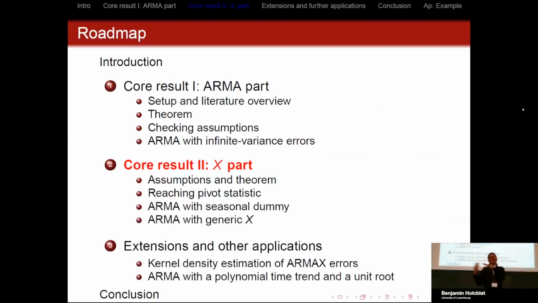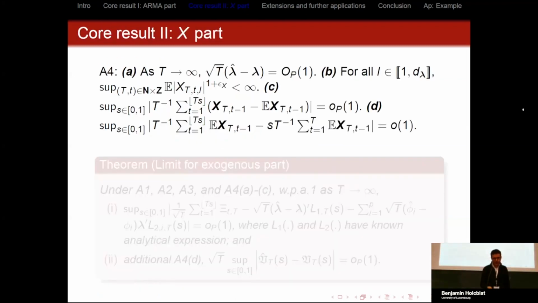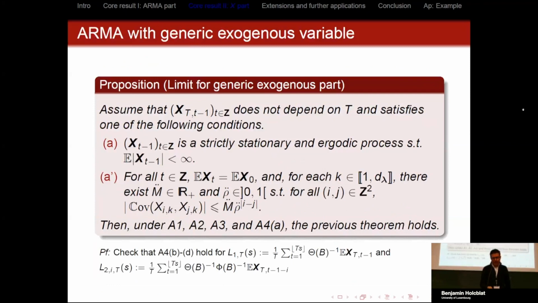Basically, you transform the X so that it looks a bit like the error term, but in a way that you can still characterize the limits. Since our toolbox is very low tech, we can deal with almost any X we could encounter, at least in econometrics, like seasonal dummies or stuff like that. So let me skip that.